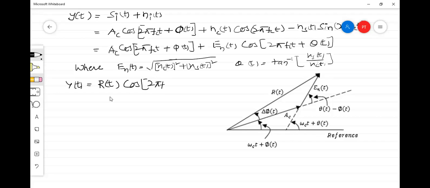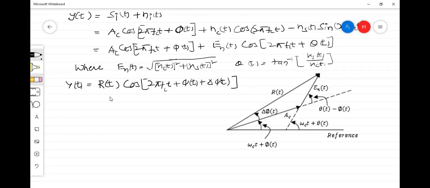I'm comparing the entire sum of these two with respect to the modulated FM carrier, so the angle is φ(t) plus, from here to here, how much is the angle difference? Δφ(t).